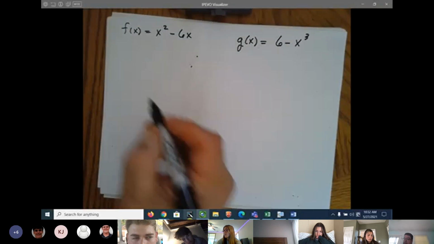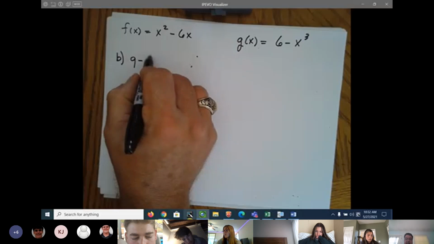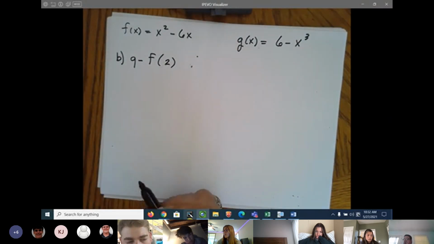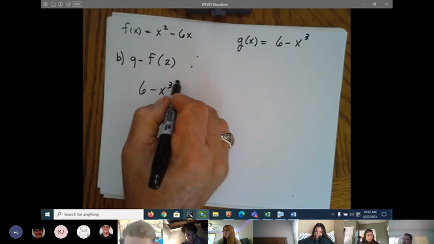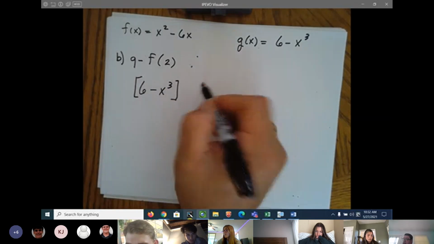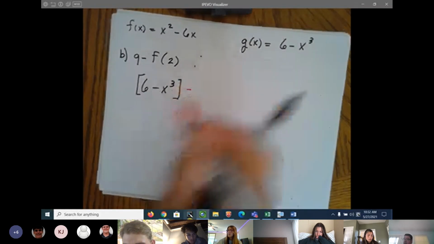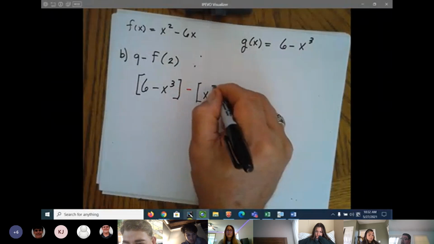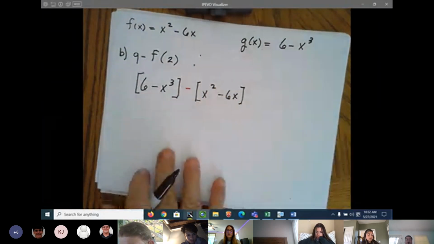And we want B, g minus f of 2. So g is 6 minus x cubed, minus, put a red minus there, f is x squared minus 6x. All right, I'm going to let y'all work on it.